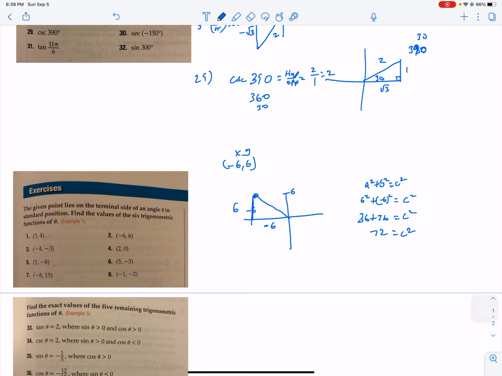And then the square root of 72 is our c value, which is really 36 times 2, right? And that's going to be square root of 36 is 6, left over 2. It turns out this is a 45, 45, 90 triangle, and we could have predicted that to be 6 square root of 2.